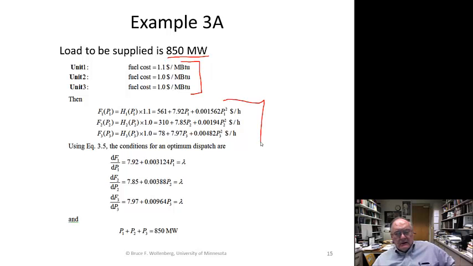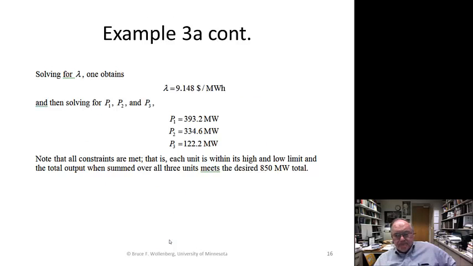So here are my cost functions. I've multiplied the first one by 1.1 and the other two are the same because the fuel cost is simply 1. Now I'm going to solve by taking the derivative with respect to P1, P2, and P3, and saying they're equal to lambda, and the sum must equal 850.